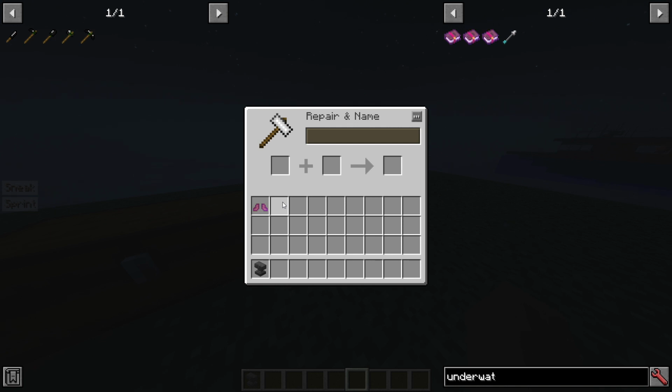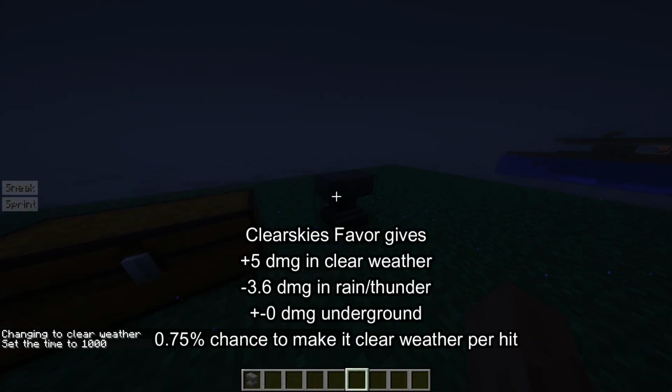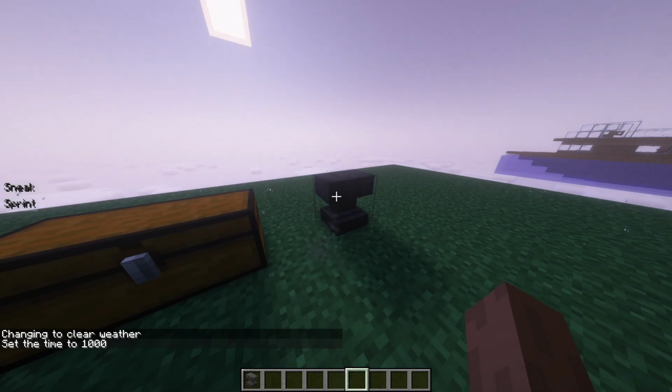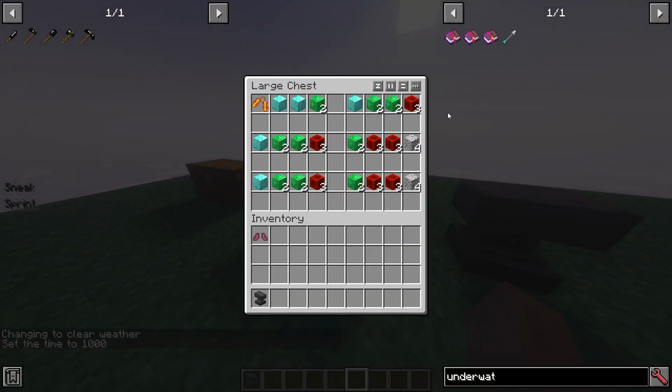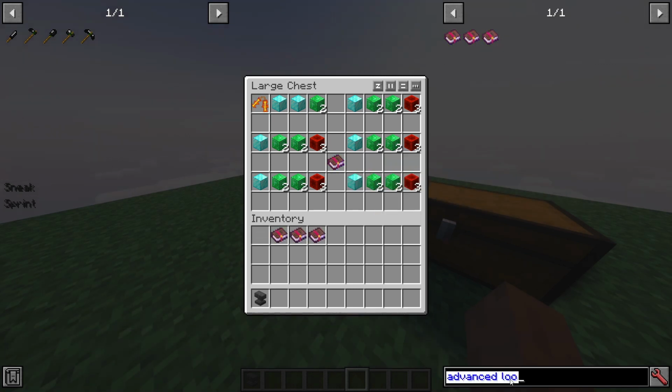You can always change enchantments or use other enchantments. I'm using clear skies, other people don't like clear skies. Of course there are lots of different things. But if you use this enchantment method, and I hope it's not too complicated, then you will see it's way cheaper.